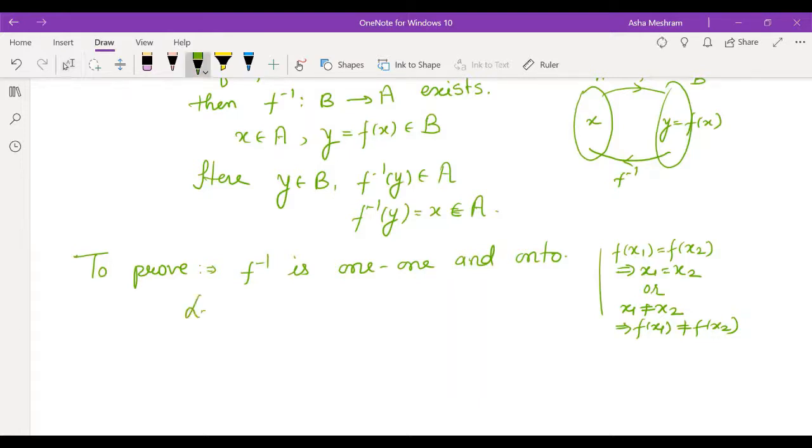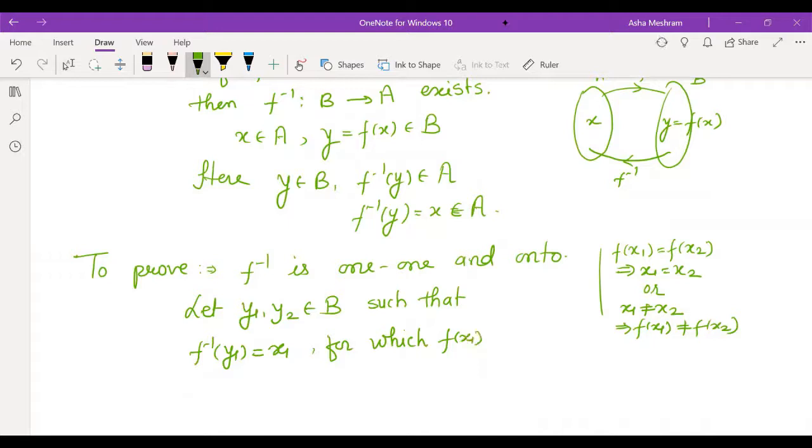So let y1, y2 belong to B, such that f inverse of y1 is equal to x1, for which f of x1 equals y1, and similarly f inverse of y2 equals x2, for which f of x2 equals y2.